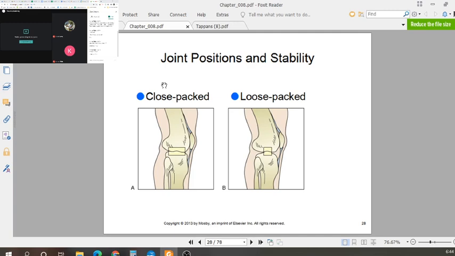If it's bent like this, it's more likely for fractures and injury. It's less stable. So this is loose packed position. This will be closed packed position. Okay, so more stable when it's closed packed. It has the support of the surrounding structure, whereas this way the body has nerves and things sticking out too for injury. They have a third one, least packed, but the main two are closed and loose.